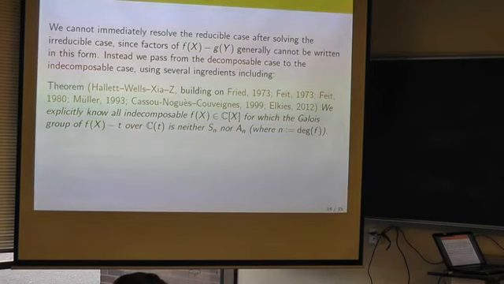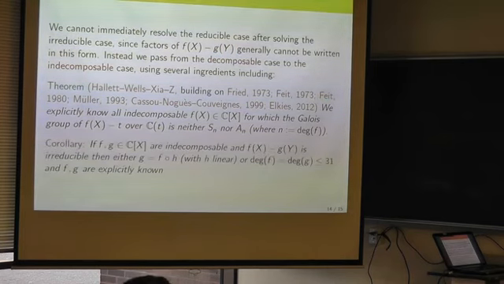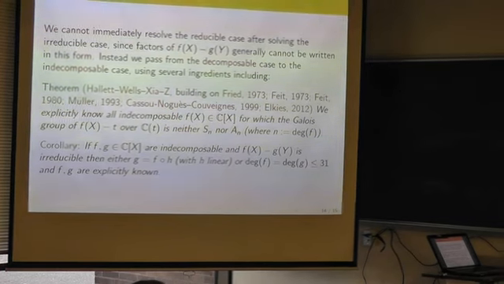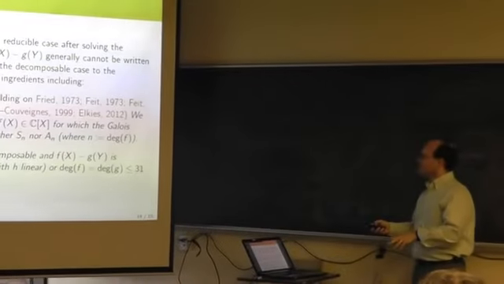There is a local connection. As a corollary, we can explicitly write down all pairs of indecomposables so that f of x minus g of y is reducible. Which means, based on knowing the irreducible case, we can do most of the two indecomposable case. When this is reducible, we deal with it directly.